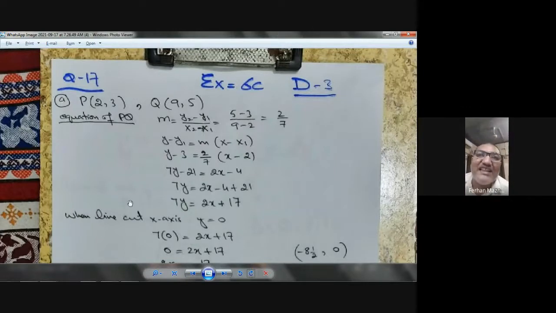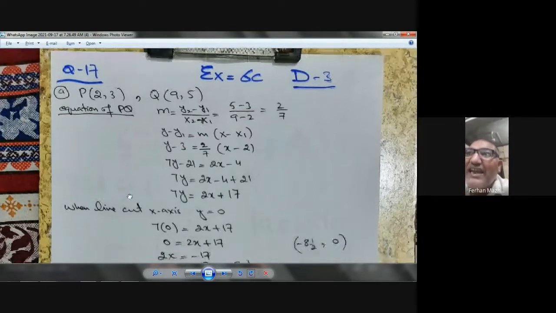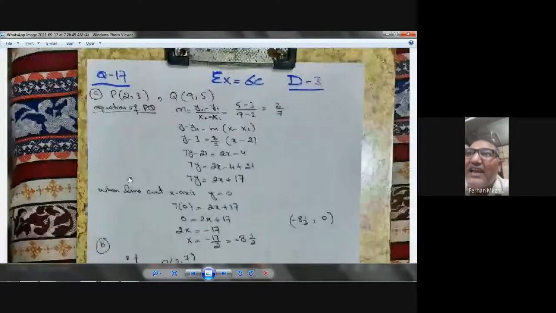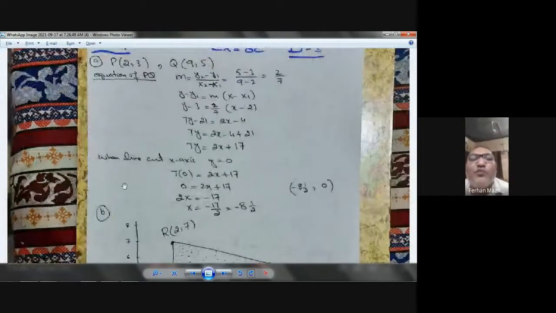He says when the line PQ cuts the x-axis, find the coordinates of that point. Now, when any line cuts the x-axis, you put y equals 0 in its equation. So in the equation of line PQ, in the place of y, I will substitute 0. 7 times 0 is 0, so on this side you have 2x plus 17.